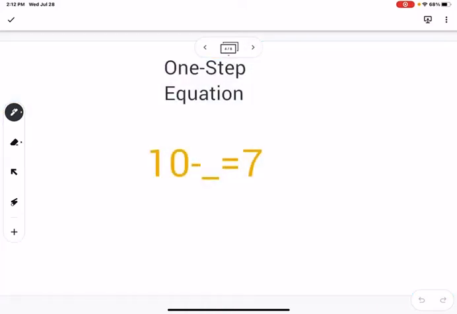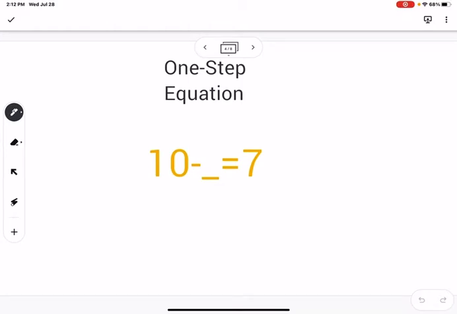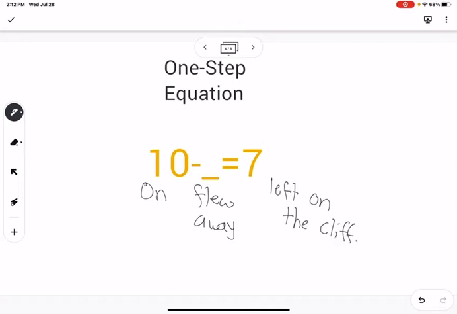So, there were 10 on it, and then after some flew away, there were 7 left on the cliff. So 10 minus blank equals 7, which is 3.